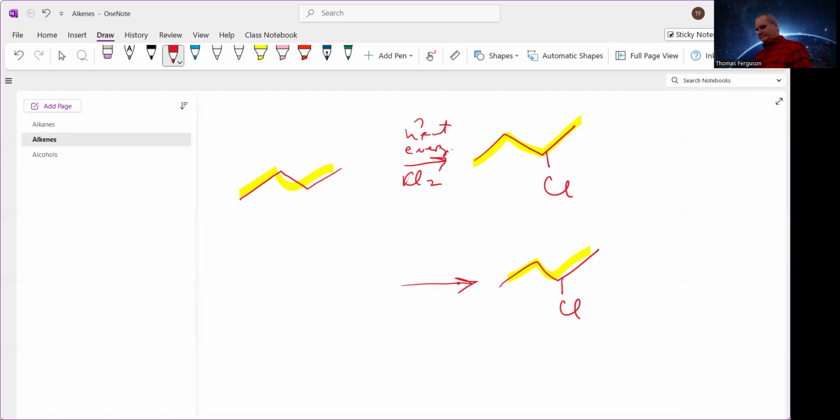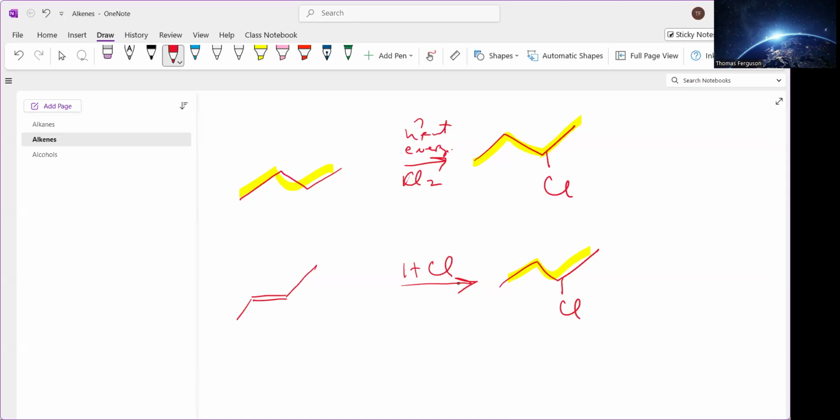What kind of reactions do we go over today? Addition across the double bond. Okay. So if we have a double bond, we add HCl, we'll end up with 2-chloro.